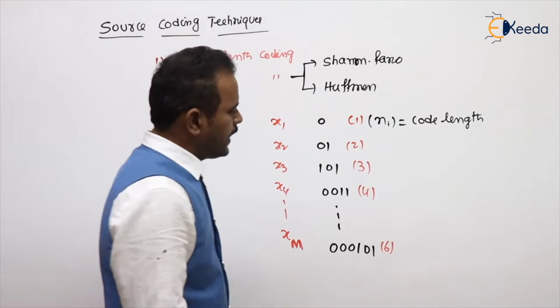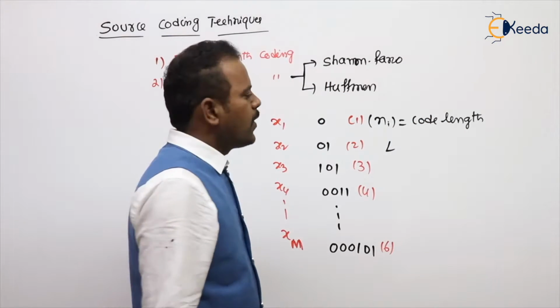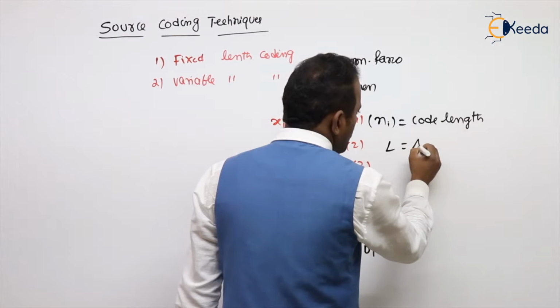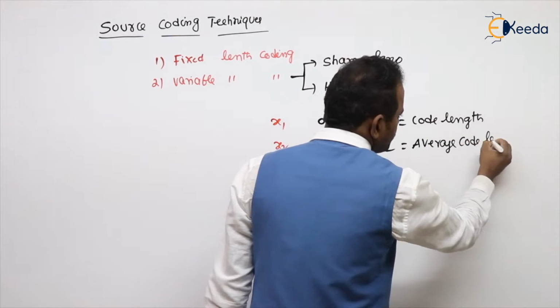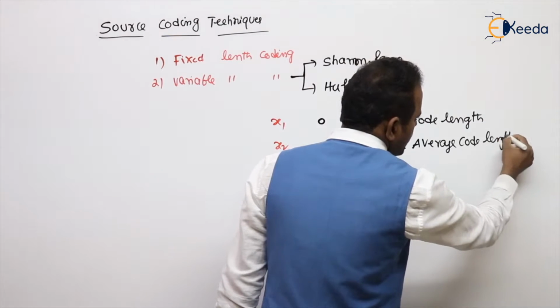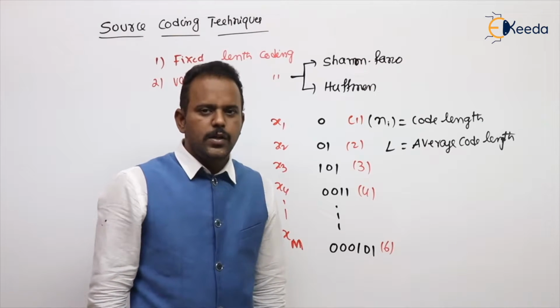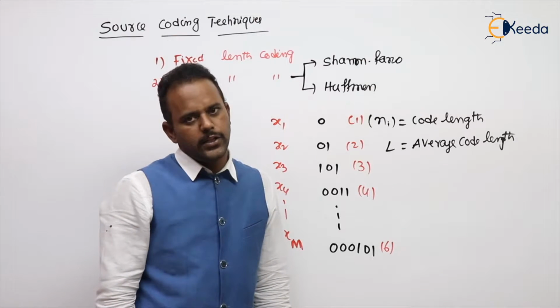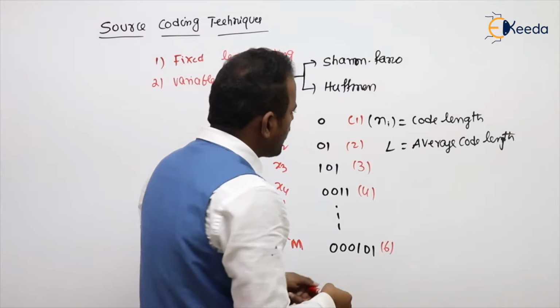The next point is L, or in some books L bar. What is L? L is called the average code length. On average, how many bits are there in each code is called average code length. What is the average code length formula?